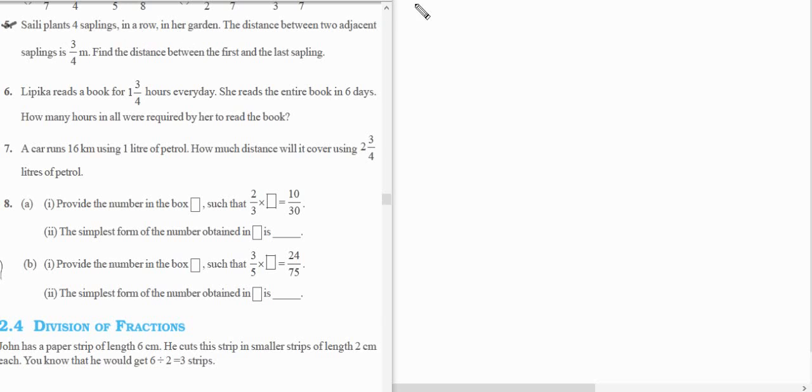Plants किए row के अंदर. Row means if this is the line, then one is here, second one is here, third one is here, and fourth one here like this, right? This is called a row. Means एक line में. And the distance between two adjacent saplings is 3 by 4.